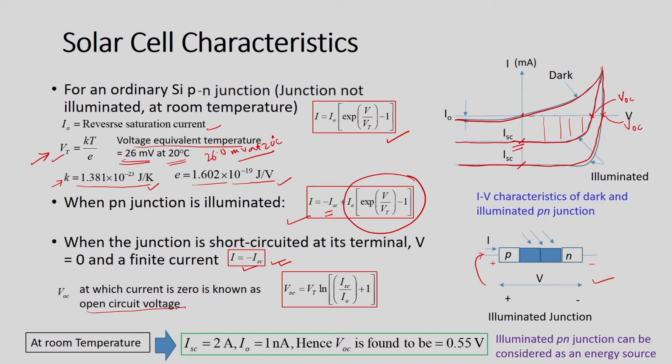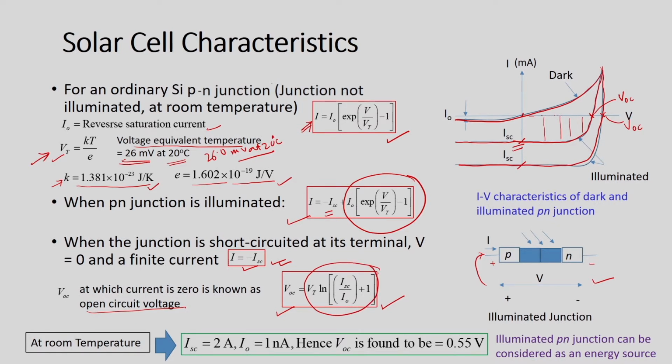If we substitute I equal to 0 in this equation and simplify, we get an expression for calculation of VOC. VOC is nothing but Vt multiplied by ln of (ISC by I naught plus 1). So we can calculate the value of VOC by knowing these parameters.